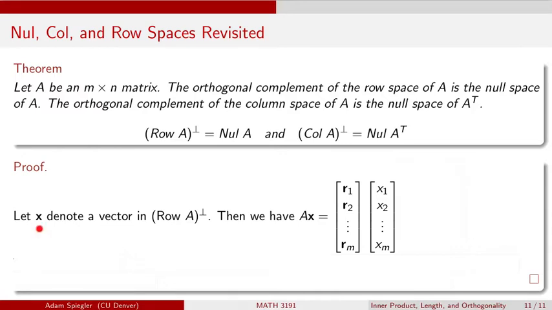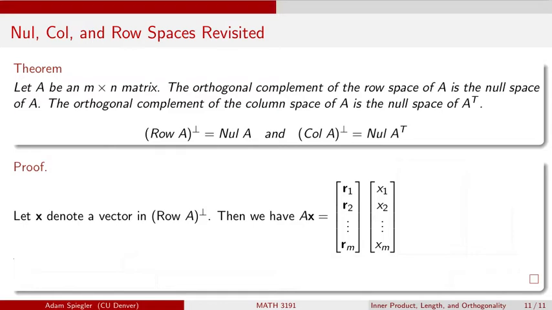So let's consider a vector x, which is in the orthogonal complement to the row space of A. So that means if I take matrix A and I multiply it by vector x, then matrix A we can write as row vector 1, row vector 2, all the way down to row vector m.